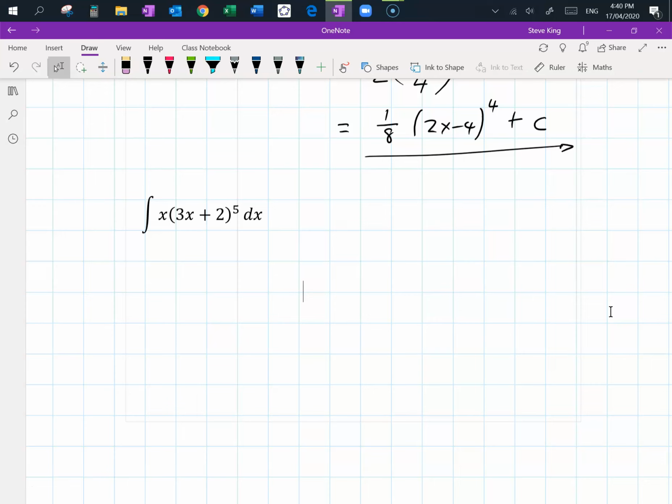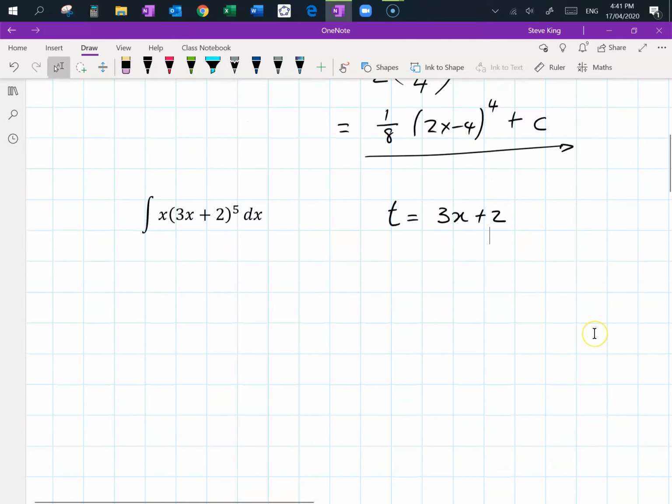No, it's not, because the derivative of 3x plus 2 is not x. So I can't use that reverse chain rule. So what I need to do is I need to make a substitution. So I'm going to say t is equal to this 3x plus 2.